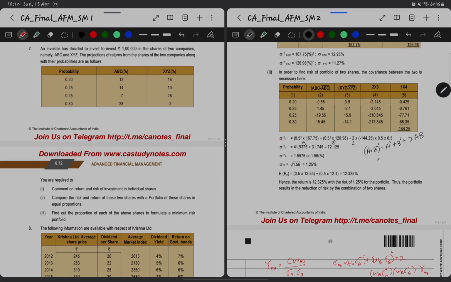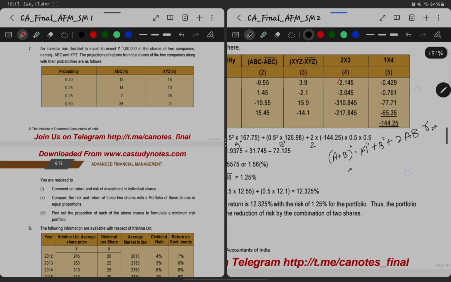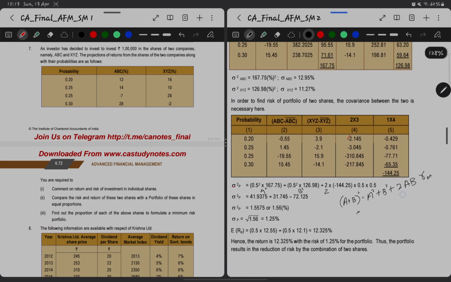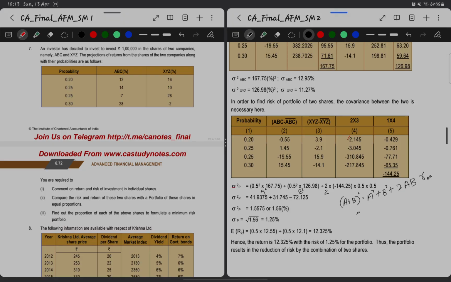And here what they have done is, since we know the covariance of A and B, they found out the covariance of ABC and XYZ.